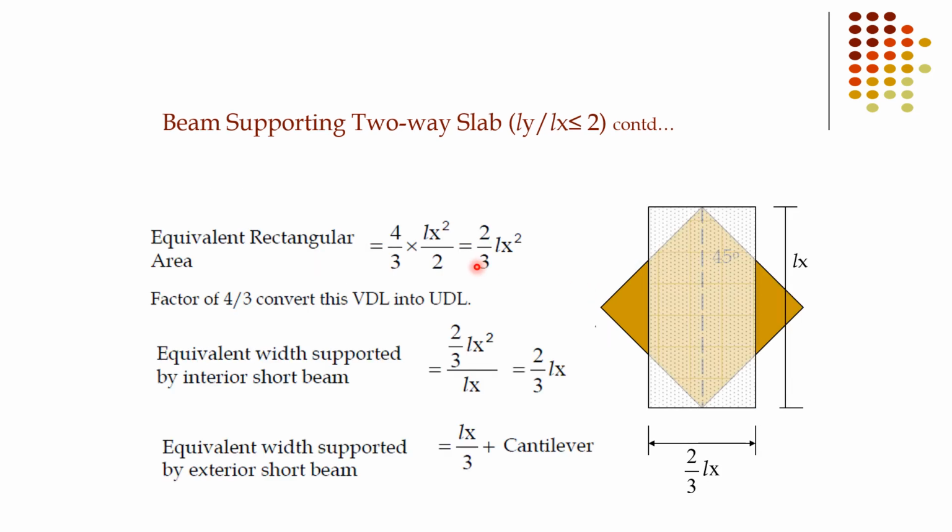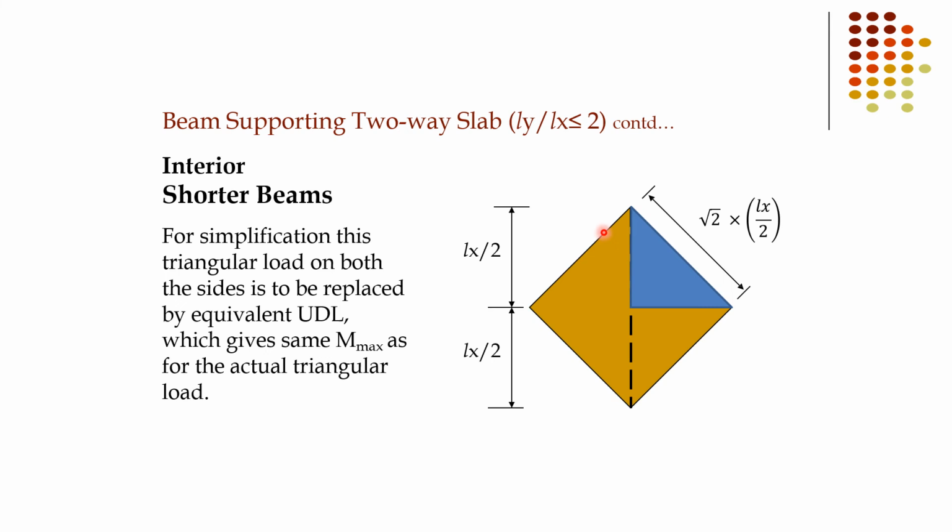Okay, here is the total load, here is the lx square by 2, the load coming from these two triangles. Now this is triangular load, we have to convert this triangular load into equivalent UDL.